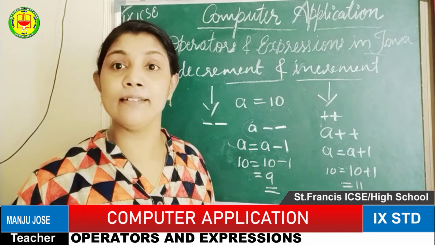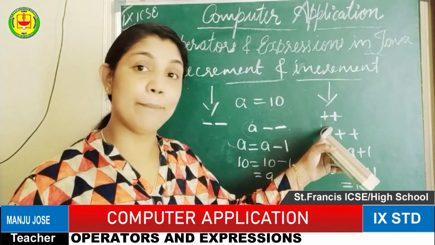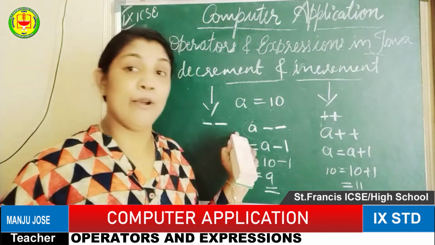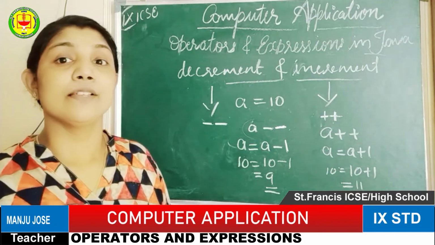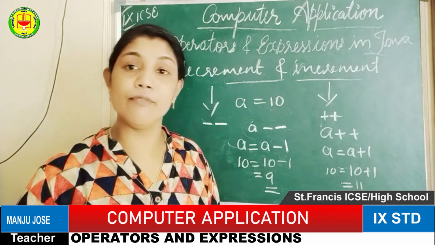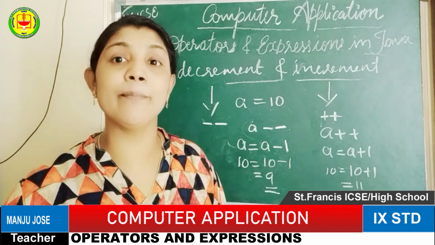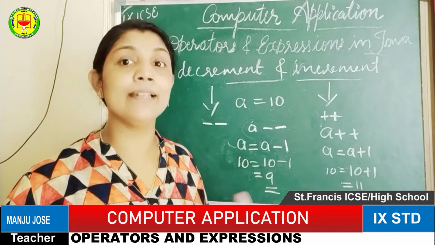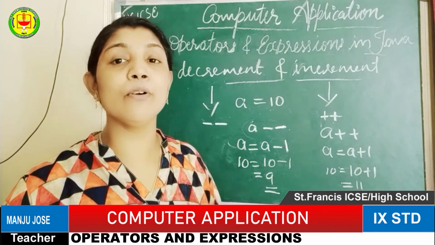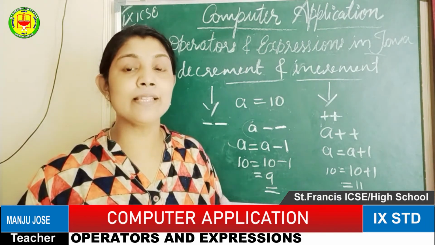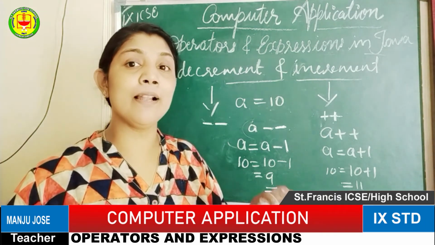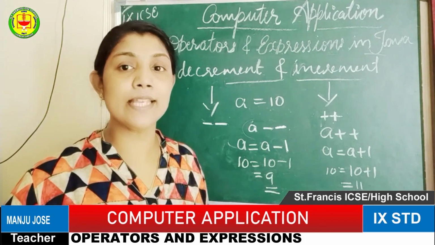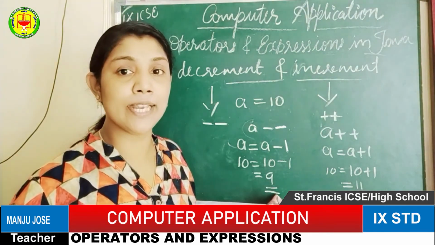Once again, the increment operator is plus plus and the decrement operator is minus minus. Minus minus means a, a variable having some value, and a minus minus means a equal to a minus 1. The present value of the variable gets minus 1, and after subtracting, the value you get is the answer.